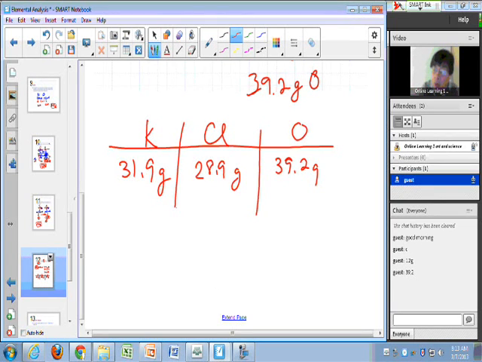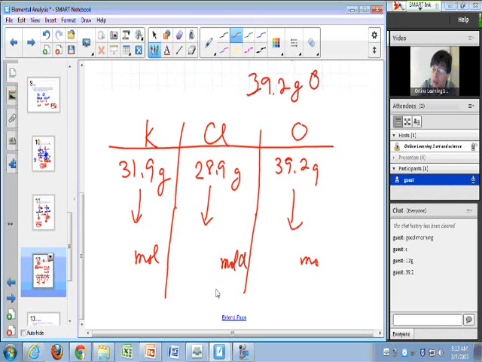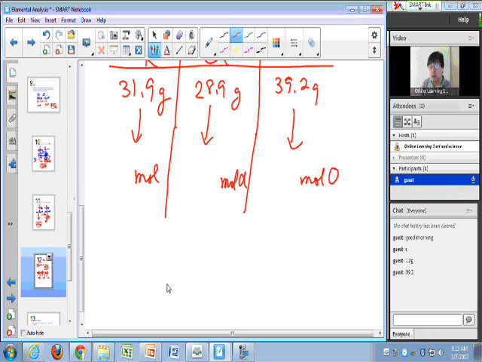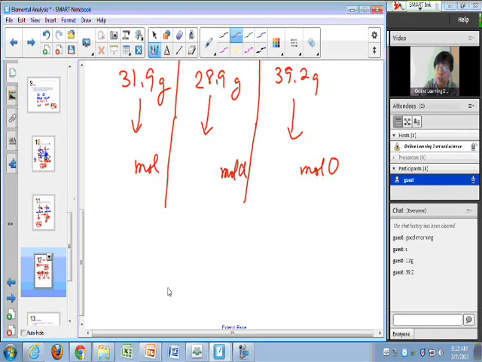We want a mole to mole comparison, so we have to change this to moles: moles of potassium, moles of chlorine, and moles of oxygen. So, 31.9 grams of potassium. How do we change that to moles?